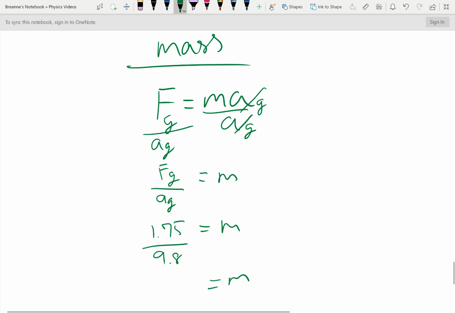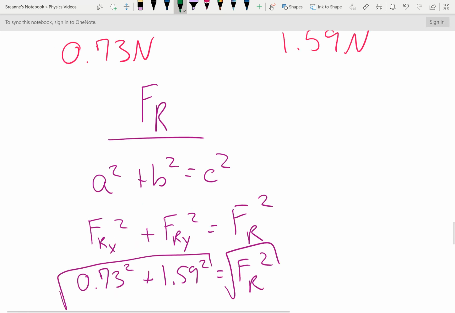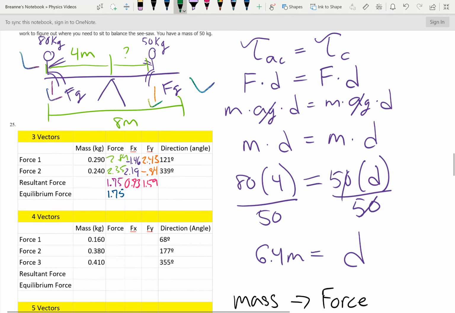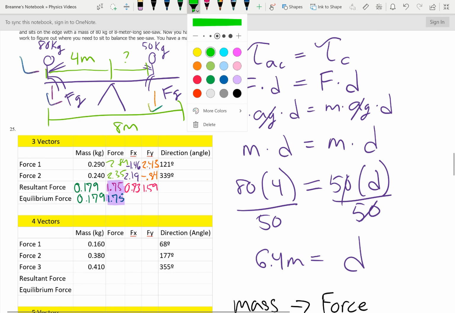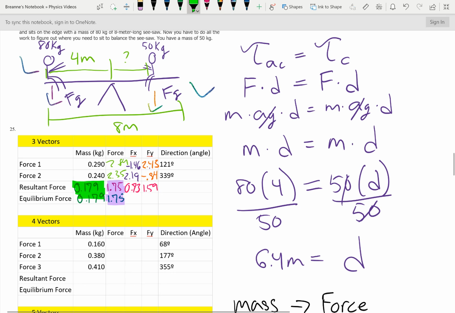So you get 0.179 kilograms is your mass. And since the forces are the same, it's the same mass, 0.179. So those end up being the same.